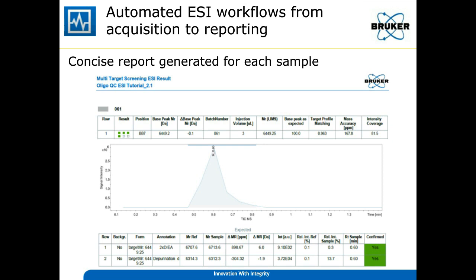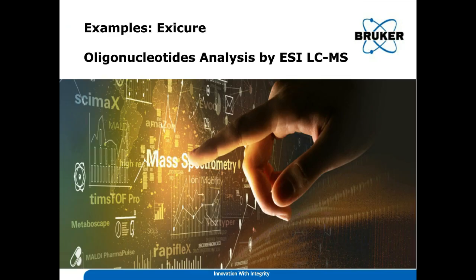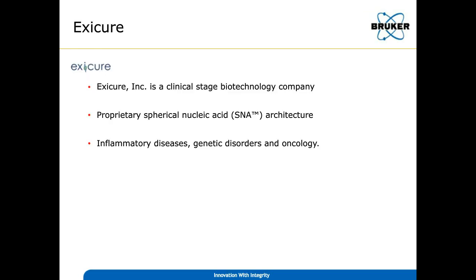Let's take a look now at the examples provided by some companies that are involved in oligonucleotide analysis. We will begin with Exicure. Exicure Incorporated is a clinical stage biotechnology company developing a new class of immunomodulatory and gene-regulating drugs against validated targets.